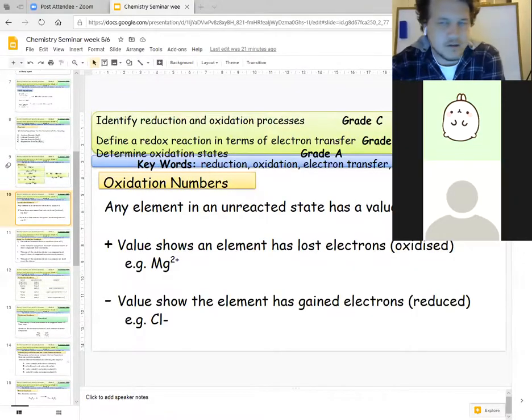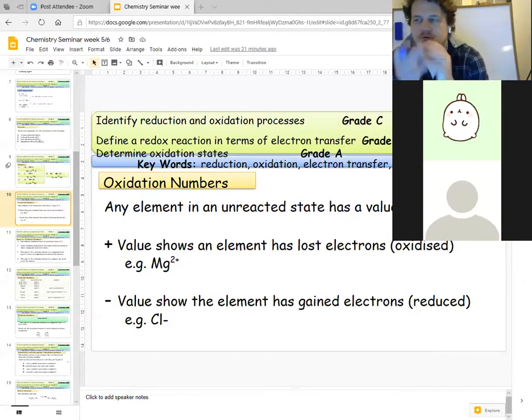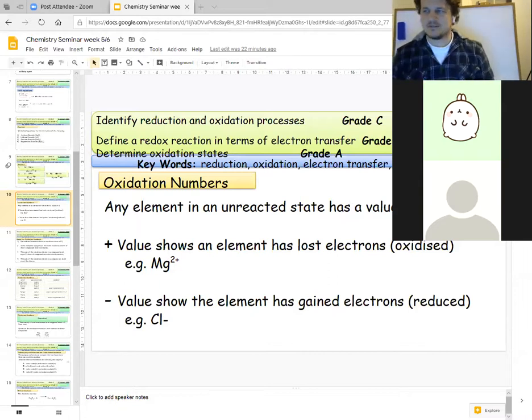So, the oxidation numbers. If we remember back to week 1, the atoms have to have a neutral state. When they react, one can become negatively charged and the other positively charged, depending on where they sit on the periodic table. There are exceptions, but generally the metals on the left form positive cations.